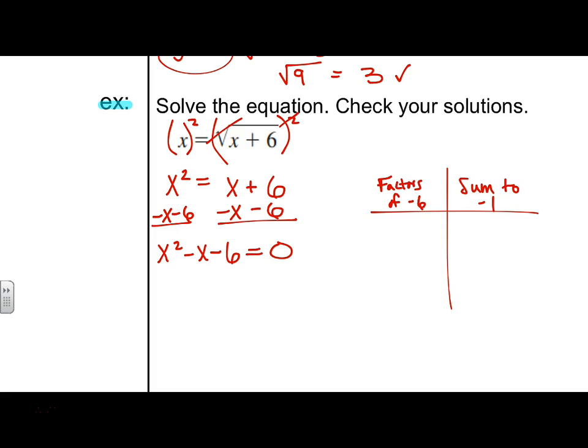Factors of negative 6 that sum to be negative 1. Can anybody think what times what makes 6? 3 and 2. That's only one apart. But if I need the sign to be negative, I need a negative 3 and a positive 2. So I'm going to go ahead and put a negative by the 3, which means I can make factors of x minus 3 and x plus 2.